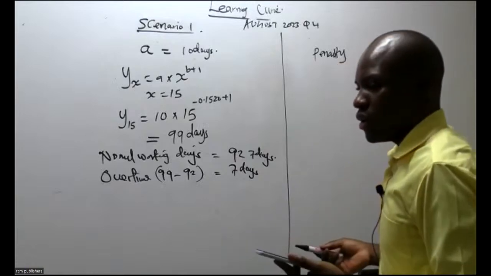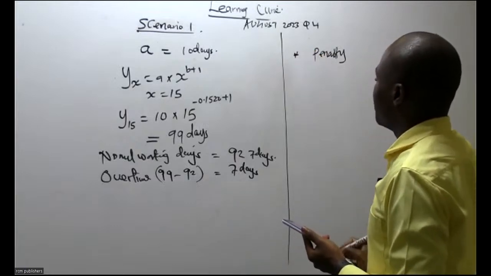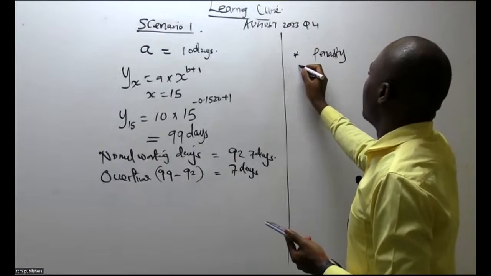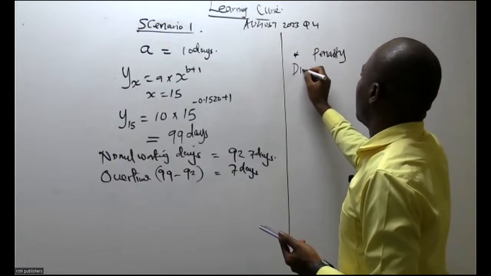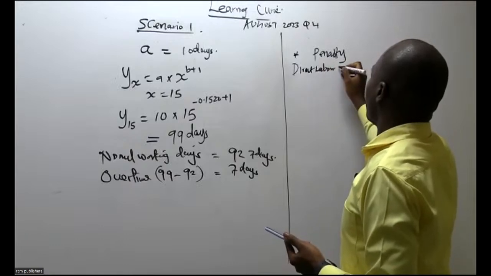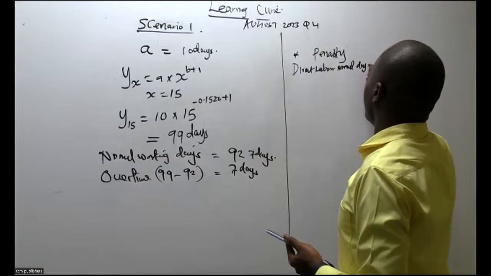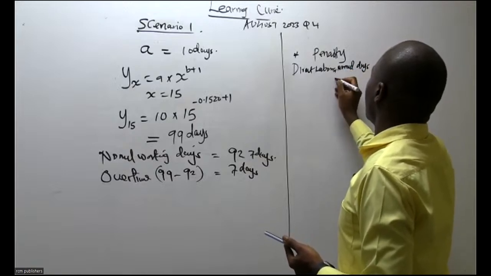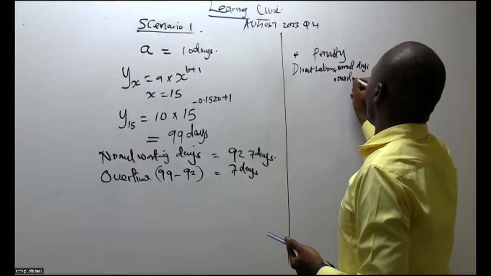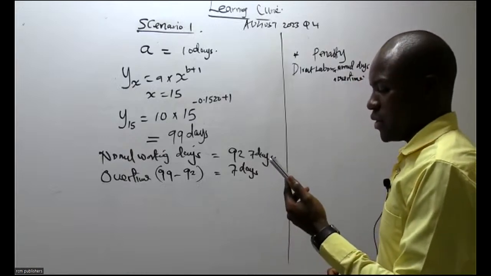So we have direct labor: normal days, then overtime.